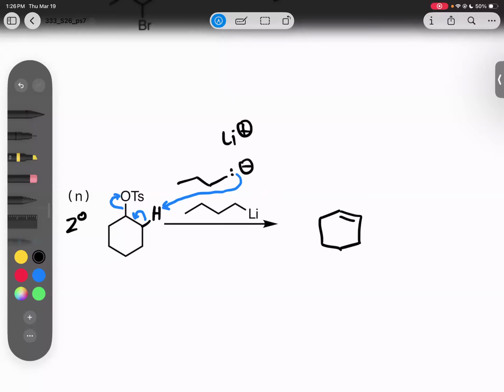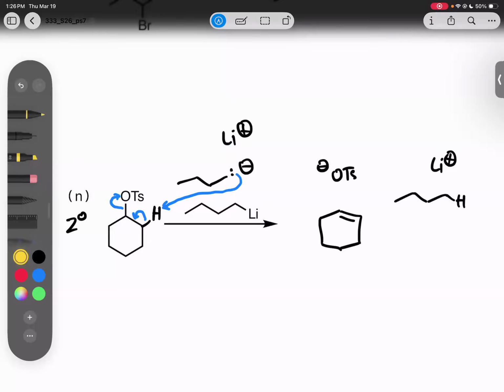Our tosylate has left. Additionally, we now have the hydrogen attached to that butane molecule, with, if you really want, Li plus, and those are the products of that reaction.